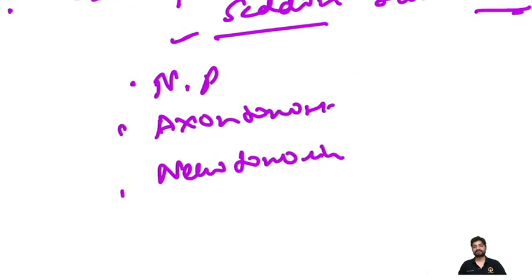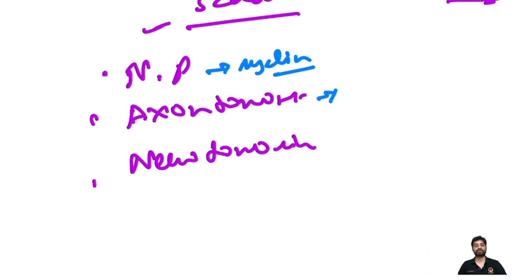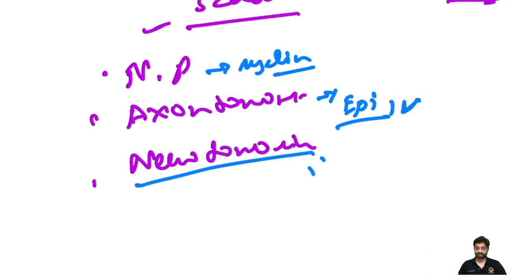In neuropraxia, there is damage of the myelin sheath only. In axonotmesis, all the structures are damaged, like your endoneurium, perineurium, only the epineurium is preserved. Rest all structures are damaged. And in neurotmesis, even the epineurium gets damaged, the whole nerve gets torn.